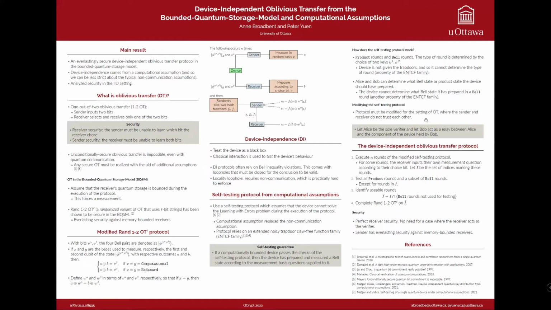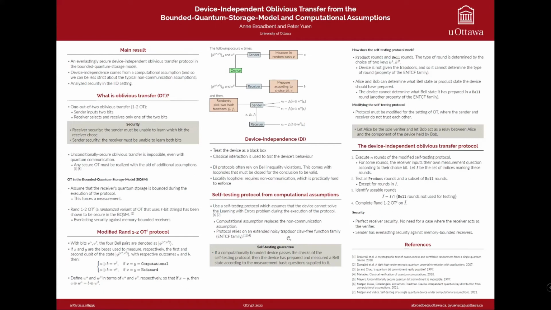We need to modify this slightly for the setting of Oblivious Transfer, because in this setting, the sender and receiver don't trust each other, so they can't necessarily cooperate to test the device. So instead, we're going to have Alice, who's eventually going to play the role of the sender, be the sole verifier, and Bob will essentially act as a relay between Alice and the component of the device held by Bob.